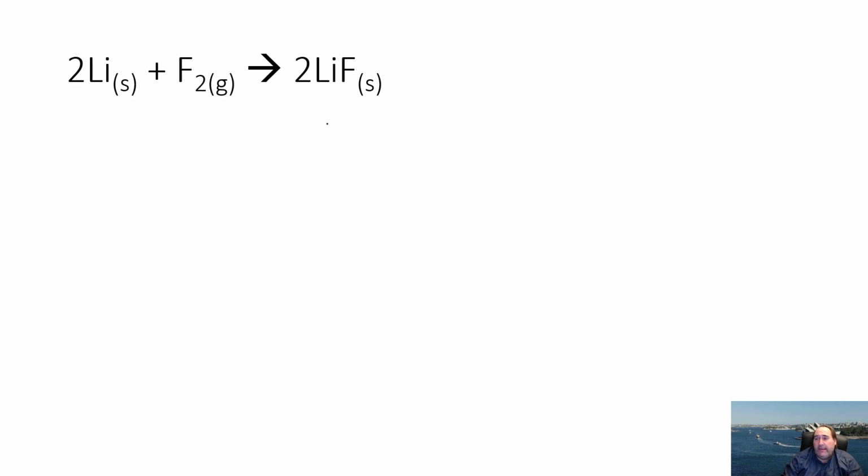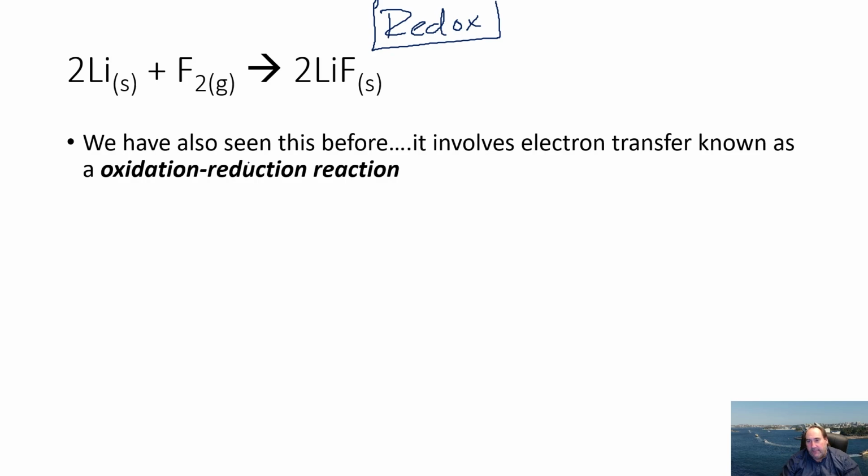Now, those two were double displacement reactions. We're now going to look at redox reactions here. So these fall under the big umbrella of redox. This is a redox reaction. Once again, if we look at it, that is 0 and 0. Those are two elements in their natural state. When they come together here to make this ionic compound, that's a +1 and a -1.